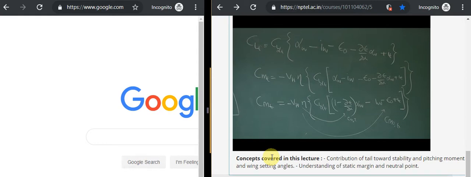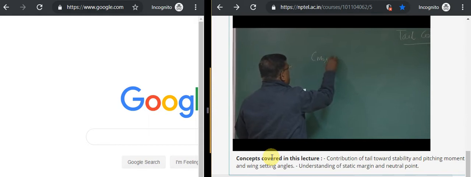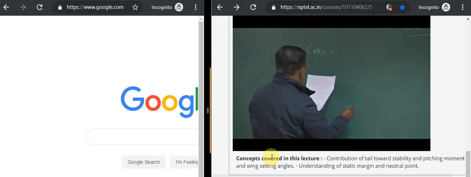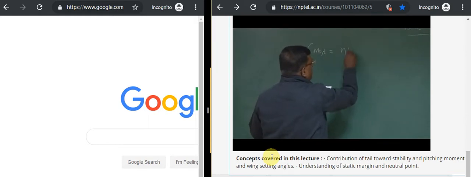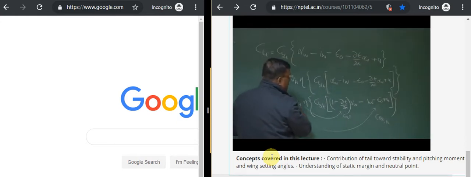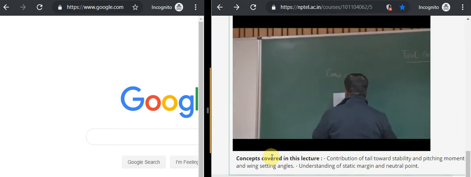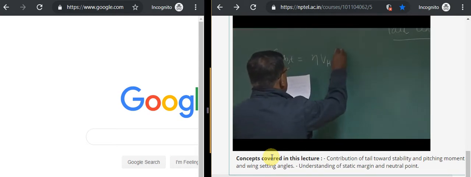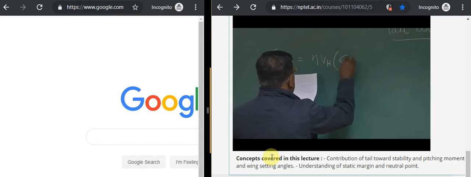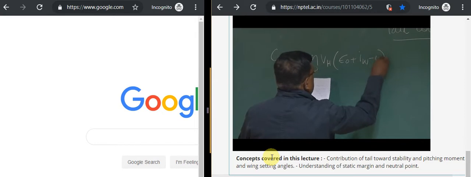So I'm getting Cm naught tail equal to neta Vh. The minus sign will be absorbed and change the signs. So I'll have neta Vh into epsilon naught plus Iw minus It into Cl alpha tail.